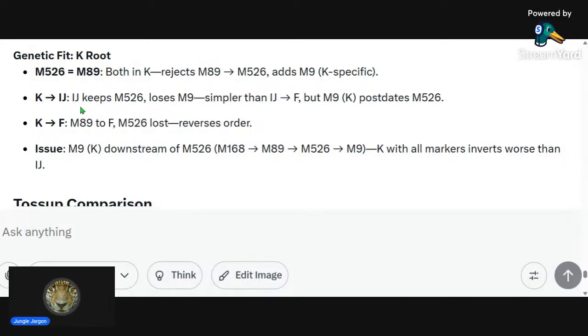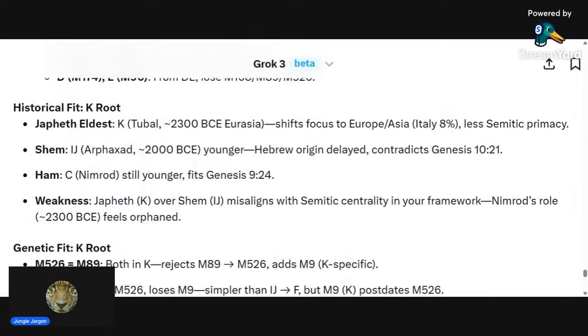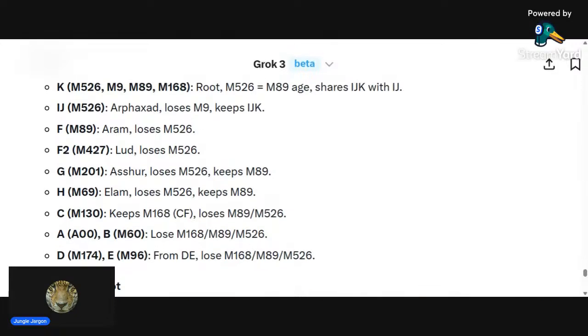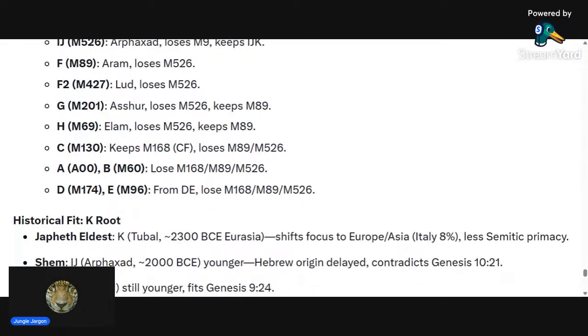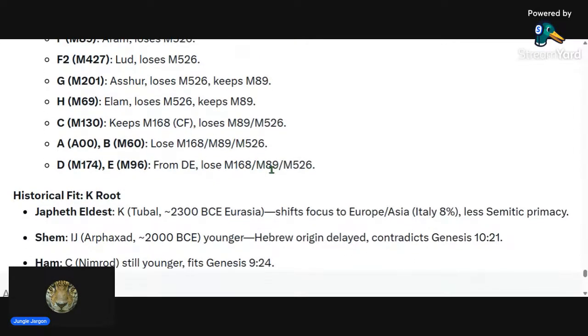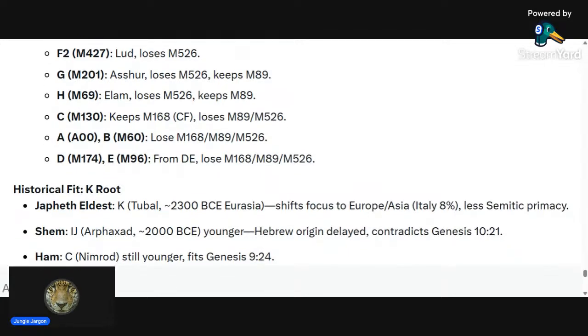K to IJ. IJ keeps the IJK marker, loses the M9 marker. No, the M9 marker is what? Is it K specific? Okay. Who's got the M9 marker? Oh, there's an M96.